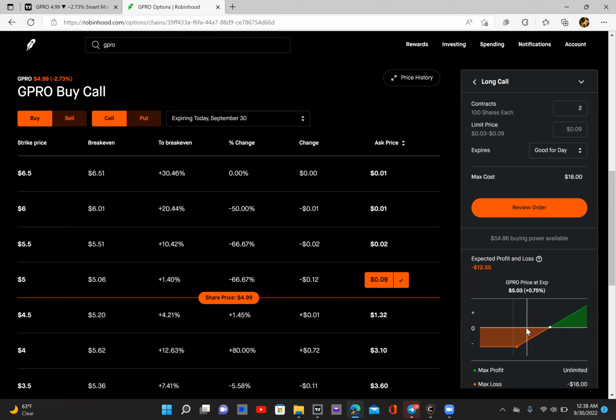Hold on, let me see something. All right. So expected profit and loss. Currently here, this is my strike price at $5. I want it to go up, and then I start making money. 511, 512, 506 is my break even, right? I mean, 509 is my break even.